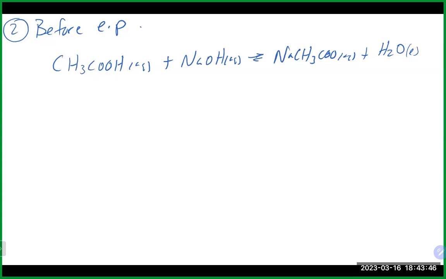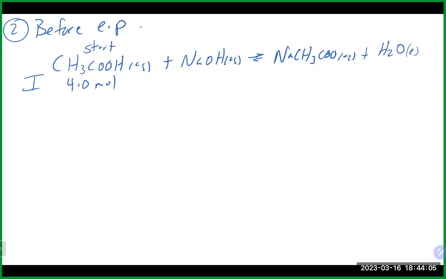So we do need to do an ice table. And of course, now that we have started our titration, we need to do that ice table in moles. So once again here, I'm going to make up just some simple numbers to look at. We're going to say we started with 4 moles of this guy.